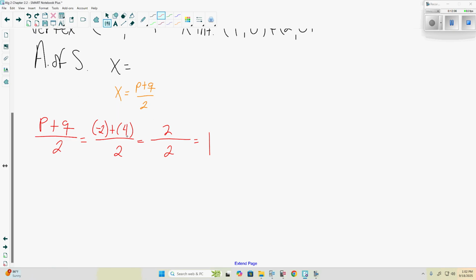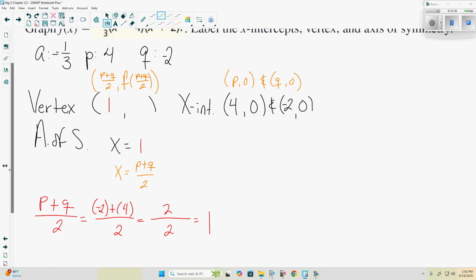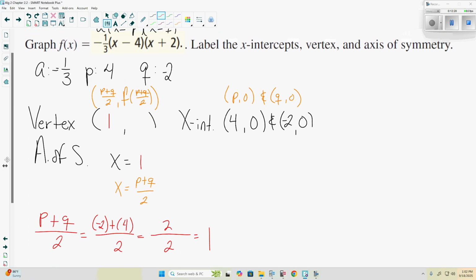Did it make a difference what p and q are? No, we still got the same value here. We still got the same x-intercepts. The axis of symmetry is still 1. The vertex x value is still 1. These two here are being multiplied, yes?